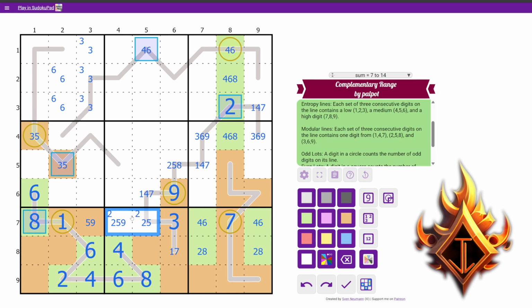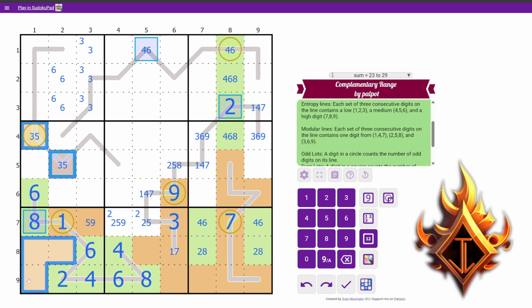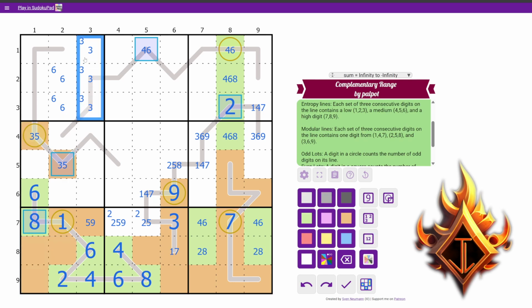Do I know what else goes up here? It would be the 5 or the 9 is all I really got at the moment. If the 5 goes up here, it's going to do the same thing as 3 did. It'll be there. That seems okay though. That would be 9.